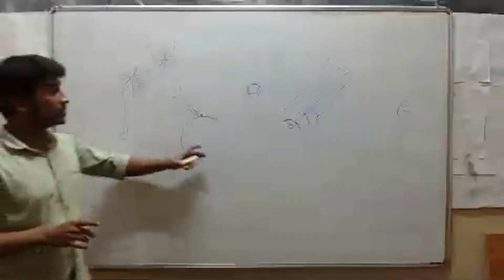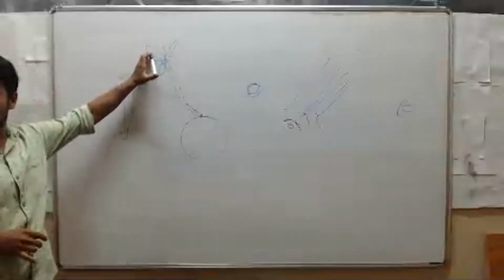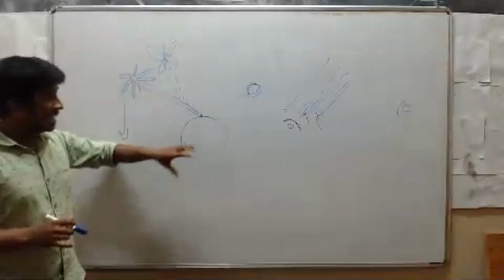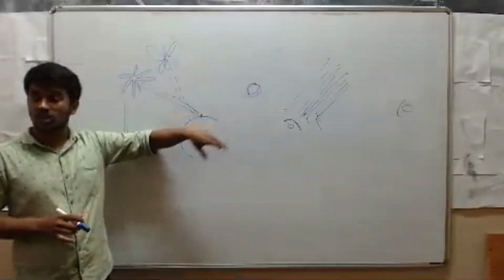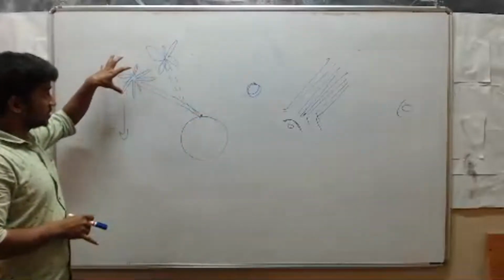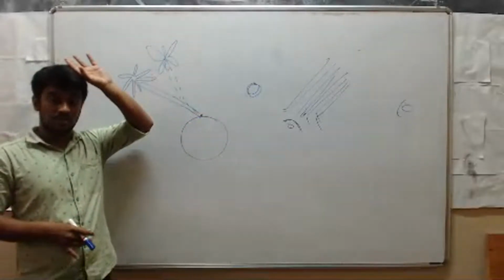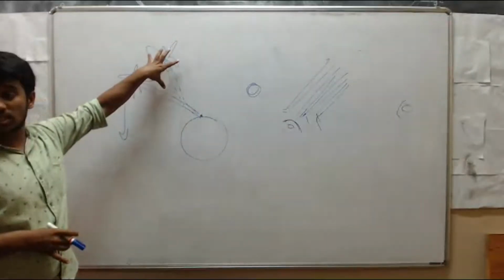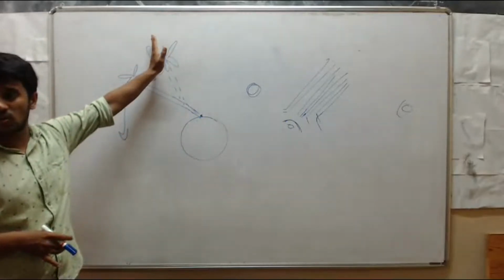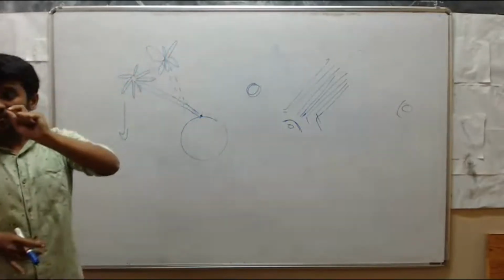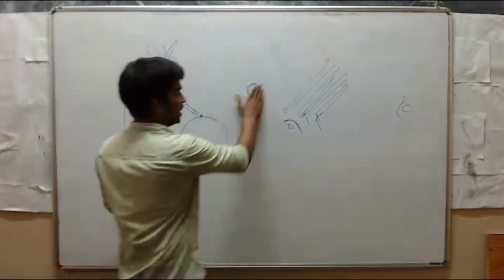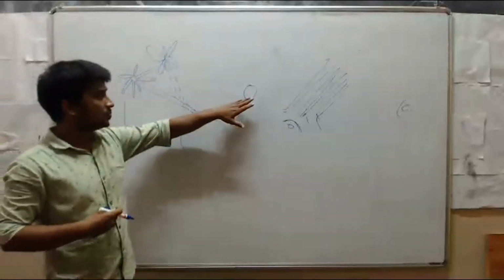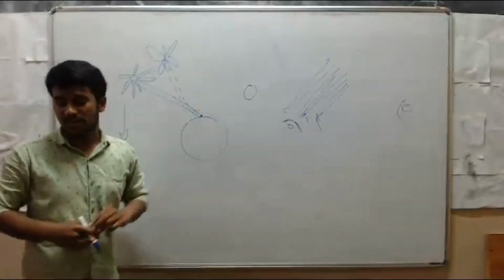Actually, that is only for our eyes, but the size of the stars is very huge. 13 lakh Earths are equal to one Sun, and these stars are 100,000 times greater than our Sun. But they are at a huge distance. The distance between these stars and Earth is very huge, so those stars look very small in size. But these planets are closer to us, so these objects look bigger in size.